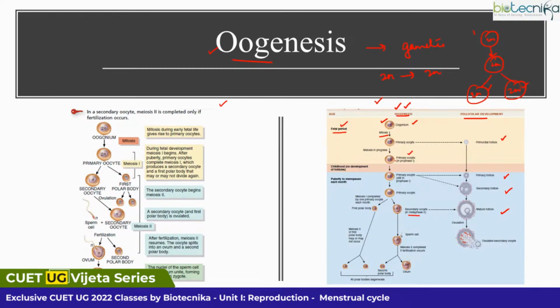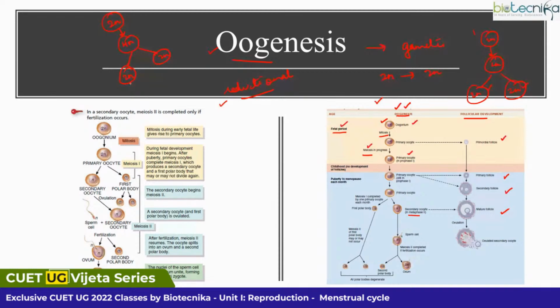Now these primary oocytes will undergo meiosis. Meiosis is a reductional division, like mitosis is an equational division. In reductional division, if you start with a 2n cell, there will be two divisions. First replication will occur, so 2n will form 4n. There are two stages in meiosis, meiosis 1 and meiosis 2. After meiosis 1, it will form two daughter cells that will have 2n and 2n.